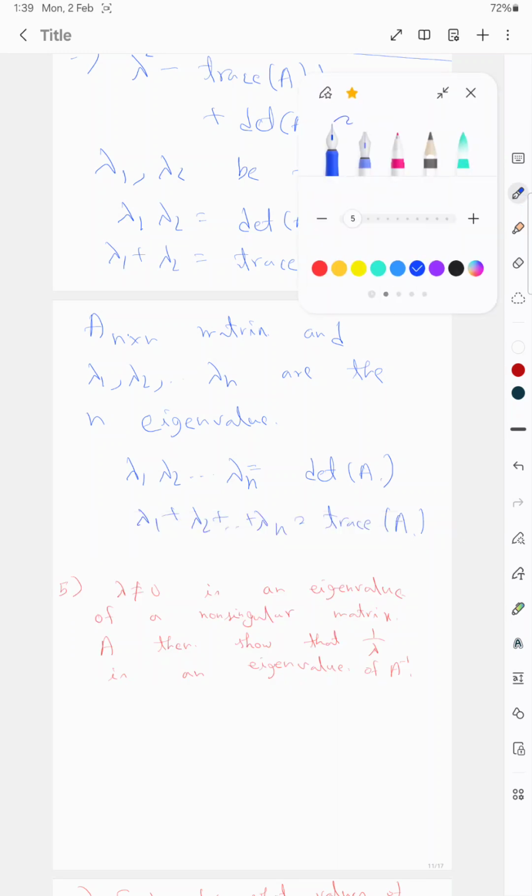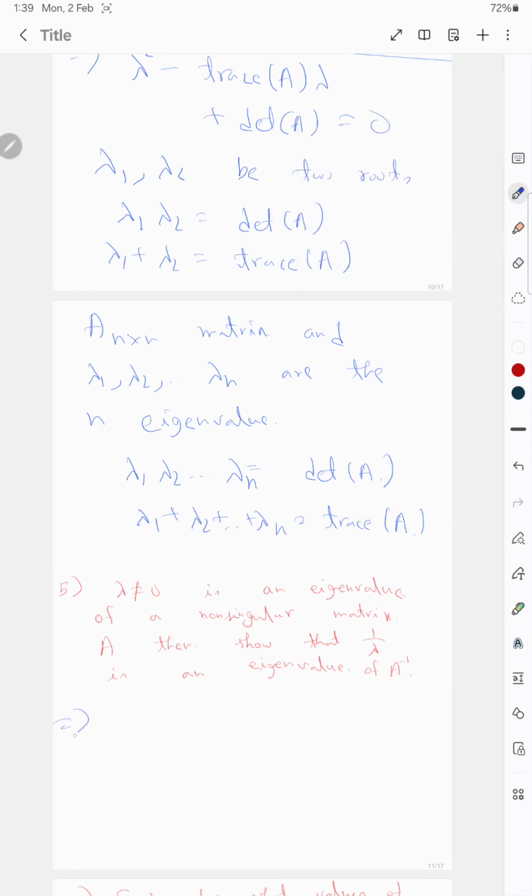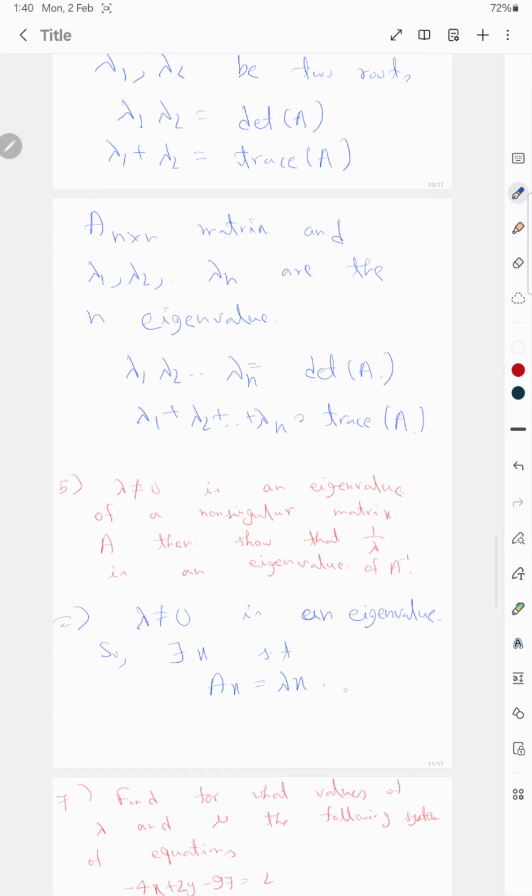If lambda is an eigenvalue, then 1 by lambda is an eigenvalue of A inverse. This is very easy. If lambda not equal to 0 is an eigenvalue, there exists x such that A x equal to lambda x.